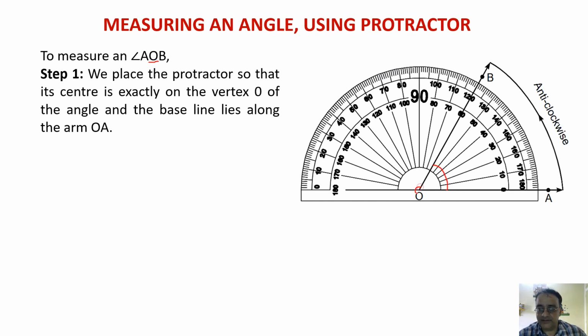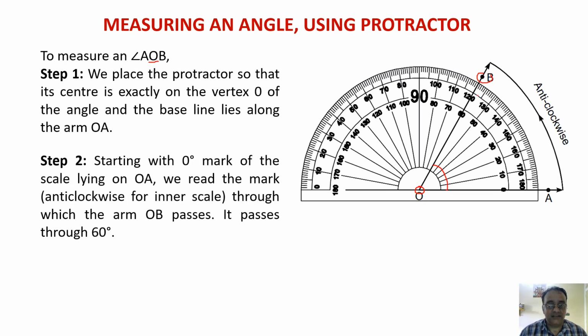So O we have placed on the center of the protractor, and OA or OB on the baseline, and then we will measure point B, ठीक है, OB किस डिग्री में ओवरलैप कर रहा है, and starting with 0 degree mark of the scale lying on OA, we read the mark anti-clockwise for inner scale. देखो inner scale जो है वो anti-clockwise मतलब इस डायरेक्शन में, राइट, क्लॉक ऐसे घूमता है तो इसको क्लॉकवाइज बोलते हैं, इसका रिवर्स एंटी-क्लॉकवाइज डायरेक्शन बोलते हैं, ओके.